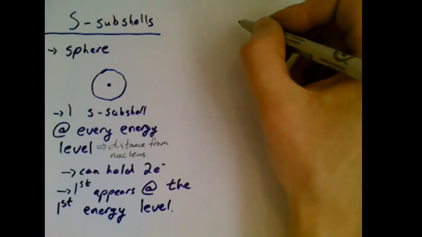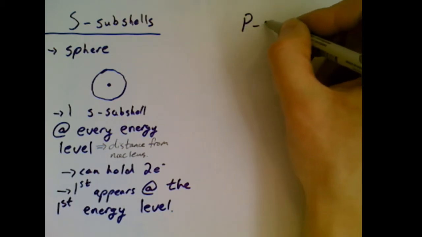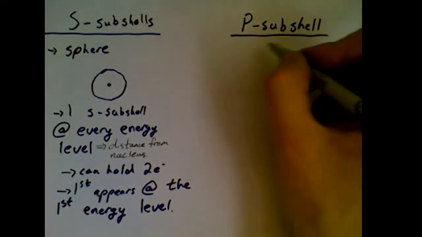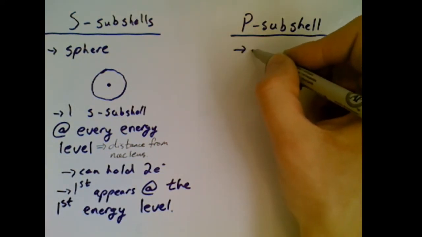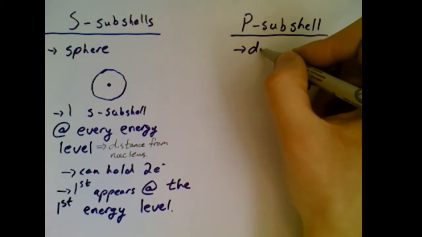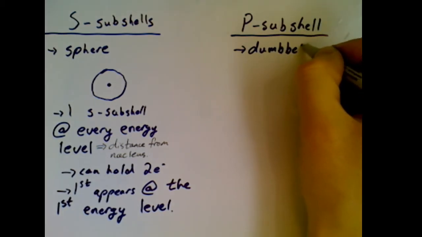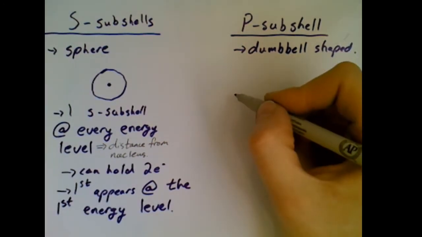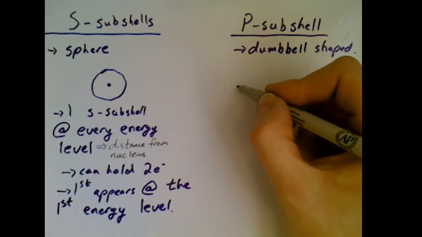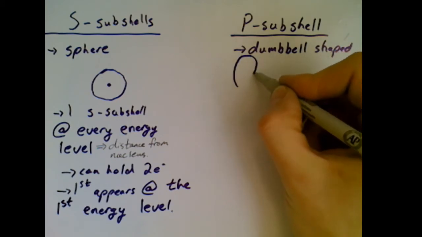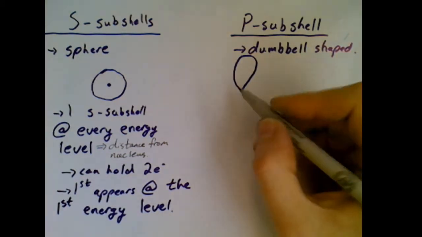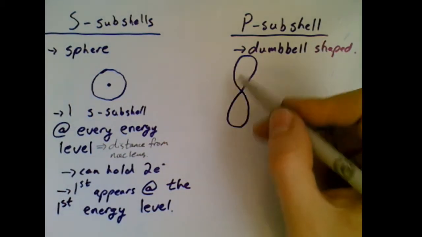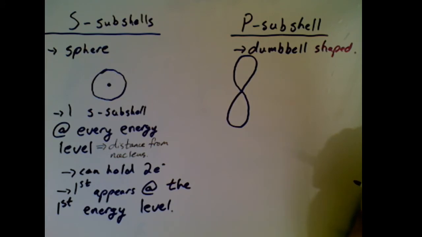There is also what is called a P subshell. Now, the P subshell is often described as dumbbell shaped. And I like to think of them almost like you took 2 balloons and tied them together at the ends. So you kind of have a shape that looks like this, connected to a shape that looks like this. And this would be one of the P subshells.